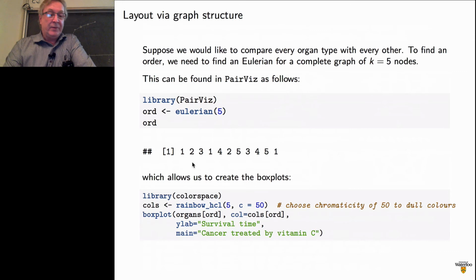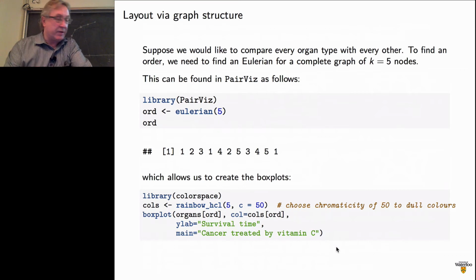And you'll notice that 2, for example, is beside 1 and beside 3 and beside 4 and beside 5. 3 is beside 4 and beside 5 and beside 1 and beside 2. Every pair appears. Okay? Every pair appears in that order.